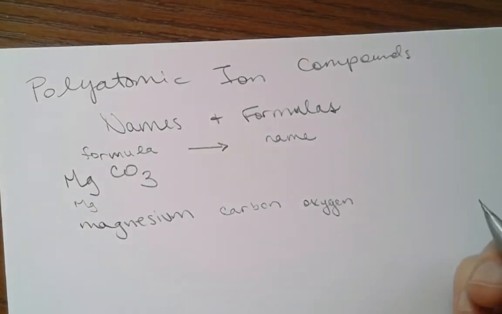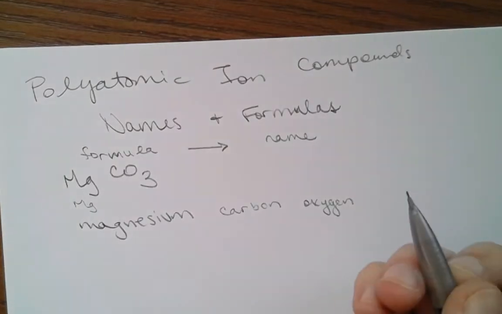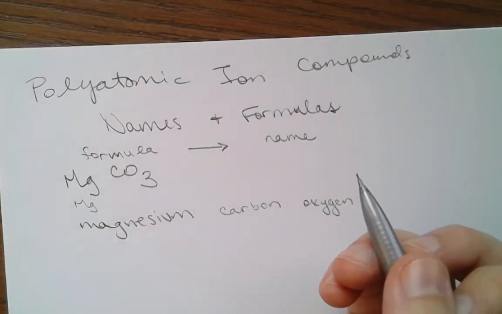You may already kind of recognize that there's a polyatomic in here. Another way that you could do this is you're saying there are three different types of atoms here. I know it's a polyatomic ion compound. Two of these are in a polyatomic.